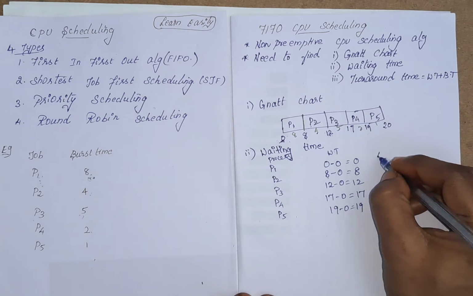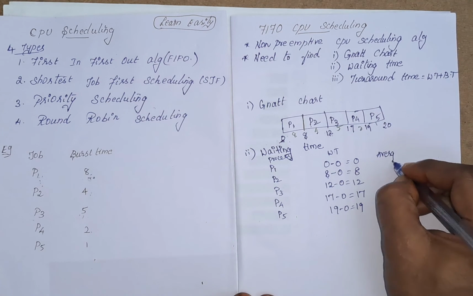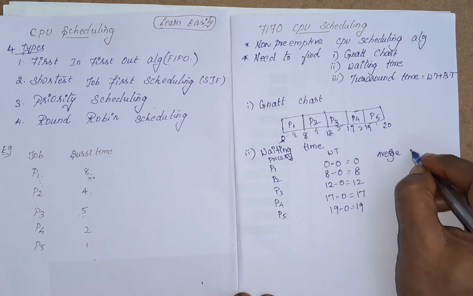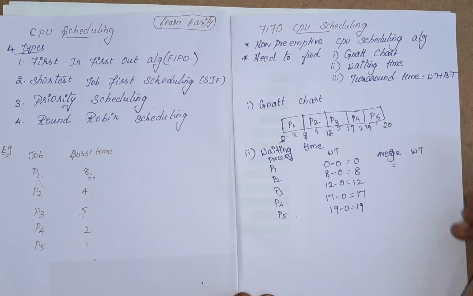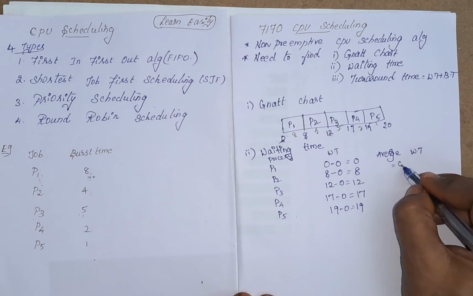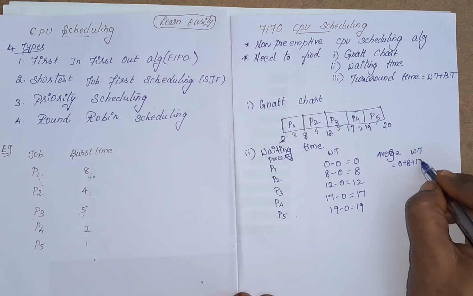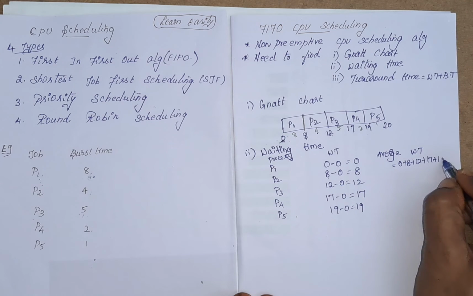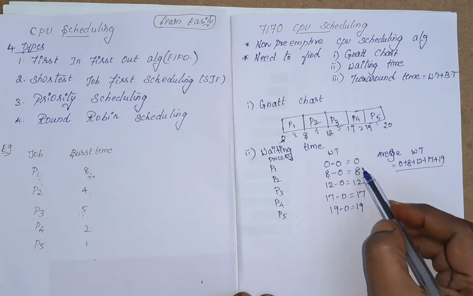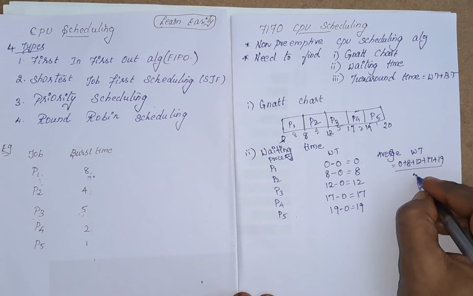Here we have to find the average waiting time. For finding the average waiting time, we sum all these waiting time values and divide by the number of processes, 1, 2, 3, 4, 5.